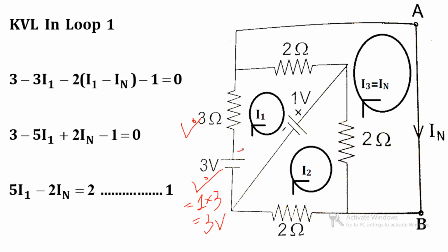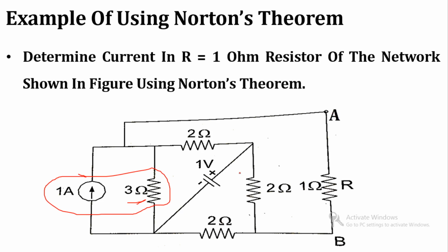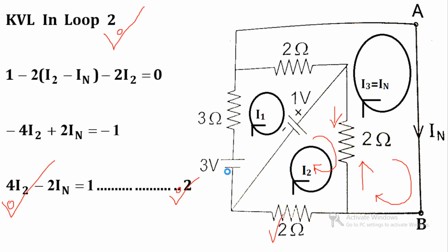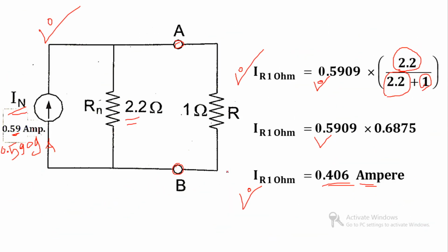Now, in this voltage source, the upper plate is positive and the lower plate is negative, because the current source has an upward direction. Clear? So this is a simple step that we can do by inspection. A current source with parallel resistance is replaced by a voltage source with series resistance. The remaining things will be the same.